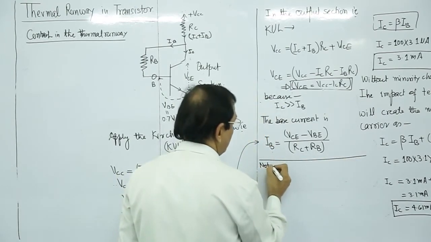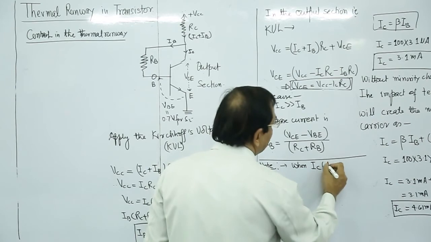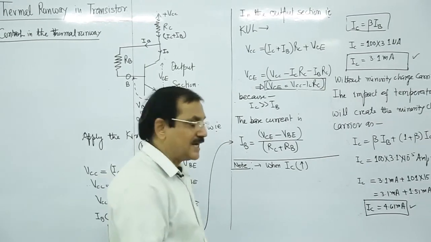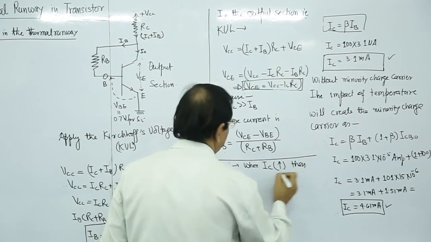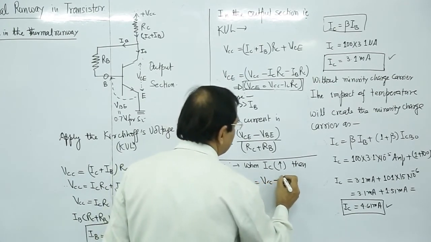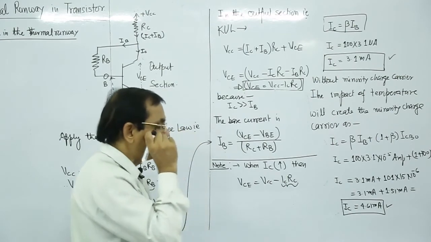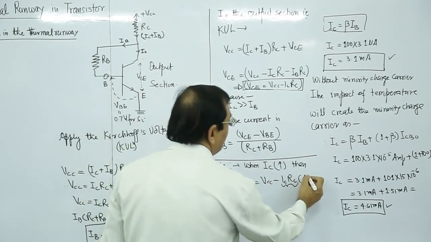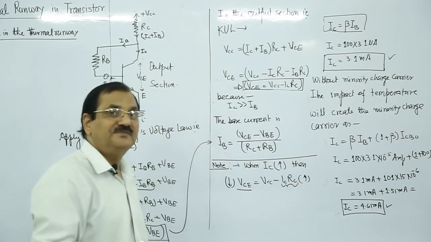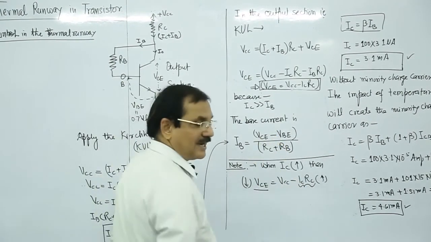When IC increases, then in VCE equal to VCC minus IC RC, this factor will increase, and if this factor increases, then VCE will decrease due to the increase in IC.